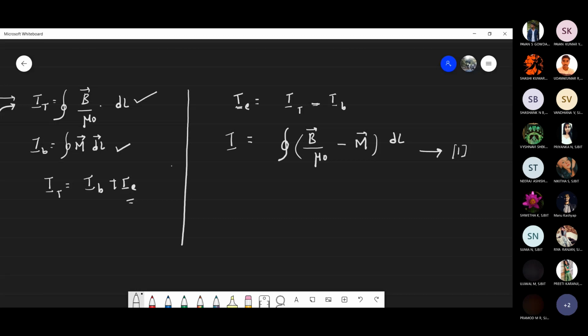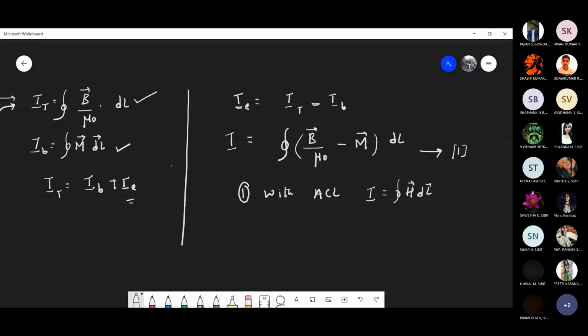Okay. Now comparing this equation 1 with Ampere circuital law, that is I is equal to contour integral H dl.